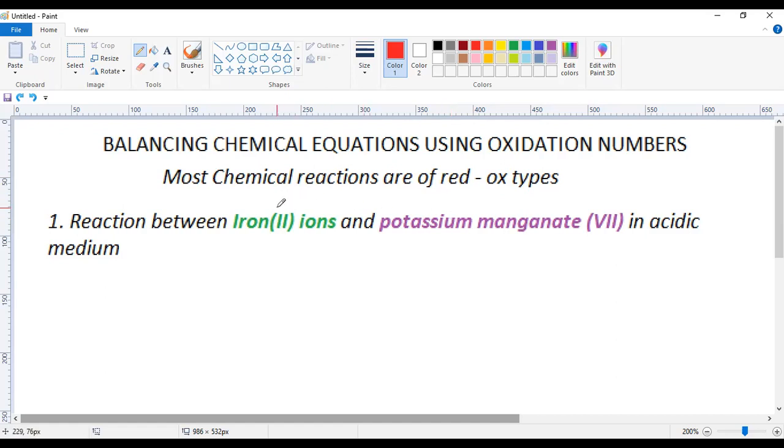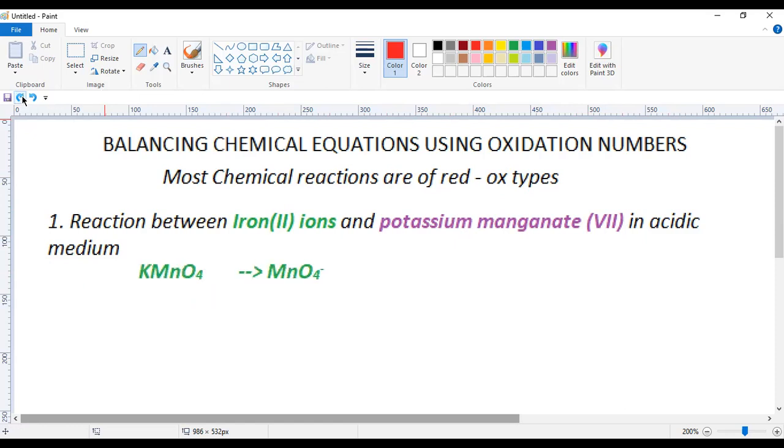And this reaction occurs between iron 2 ions and potassium manganate in acidic medium. For the convenience in my discussion, I will use KMnO4 as MnO4 minus because the potassium ion is not going to participate in the reaction. It is the MnO4 minus part, manganate 7 ion, which is going to participate in this reaction.